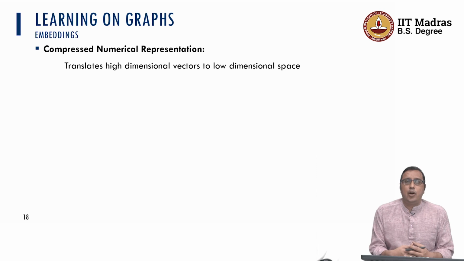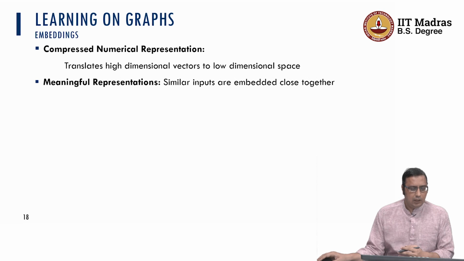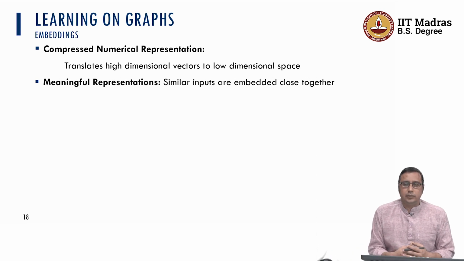It provides a compressed numerical representation, of course based on certain optimality criteria, but it provides us a good representation of data or graphs. Also, we can use certain criteria to get a meaningful representation. For example, similar inputs are embedded close together. Similar kinds of graph structures are embedded in a similar manner.